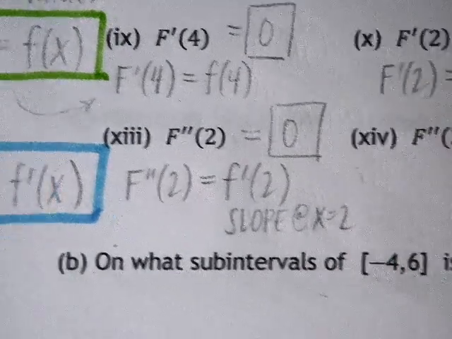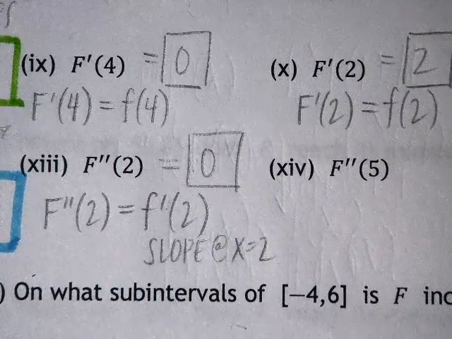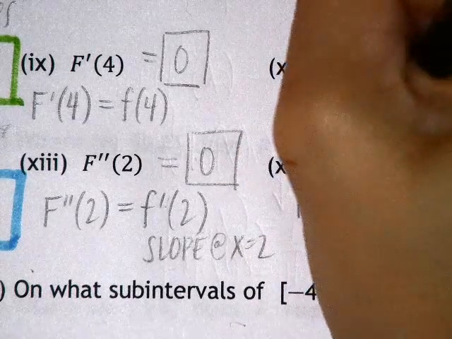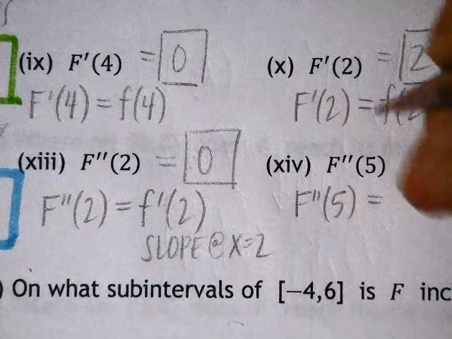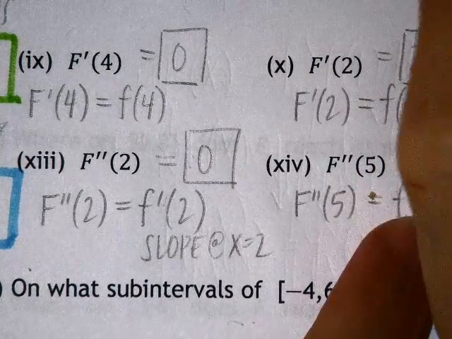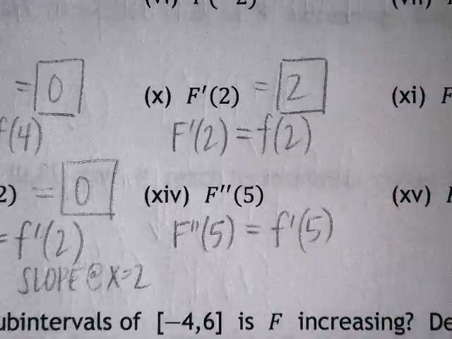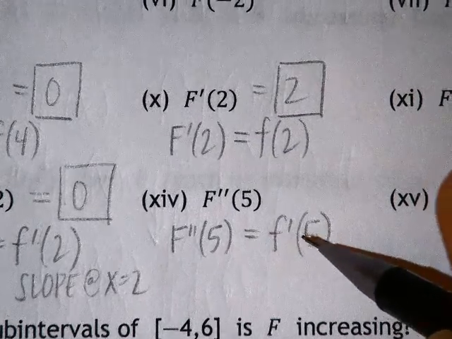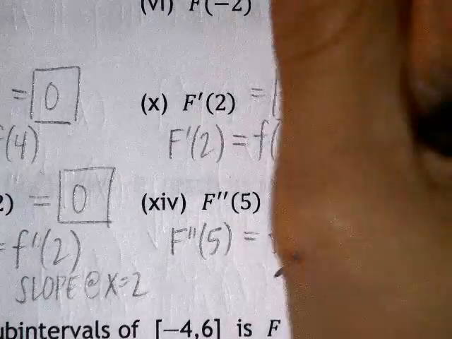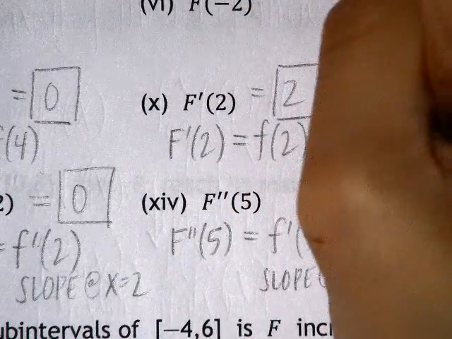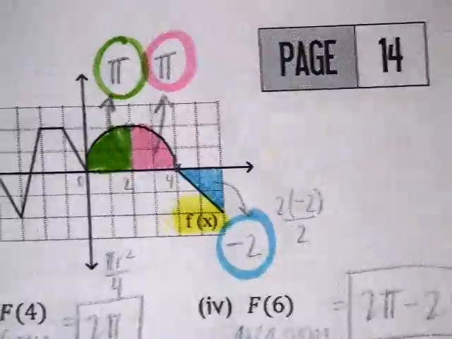Let's try another one. In the next one, part 14, we have big F double prime of 5. And again, let's not think of big F double prime of 5 at all. Instead, let's think of our established fact that this is equivalent to little f single prime of 5. That seems more doable. Little f single prime of 5, that's really just the slope at the x coordinate 5. So we'll look at our graph.